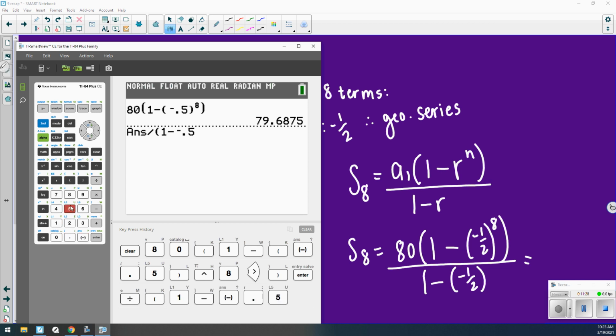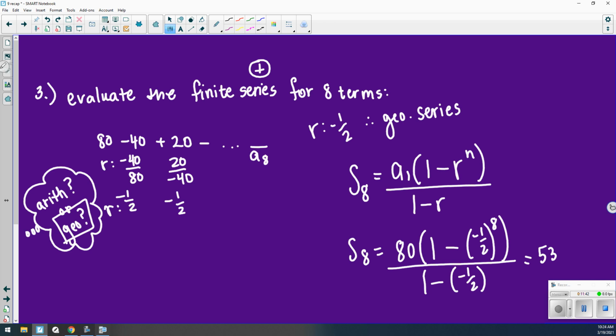I should have probably put that -0.5 in parentheses. That's a good habit to be in. Close that bottom half, and then I'll get 53.125. So my sum will be 53.125, or 53 1/8. That's the decimal approximation of 1/8, 0.125.